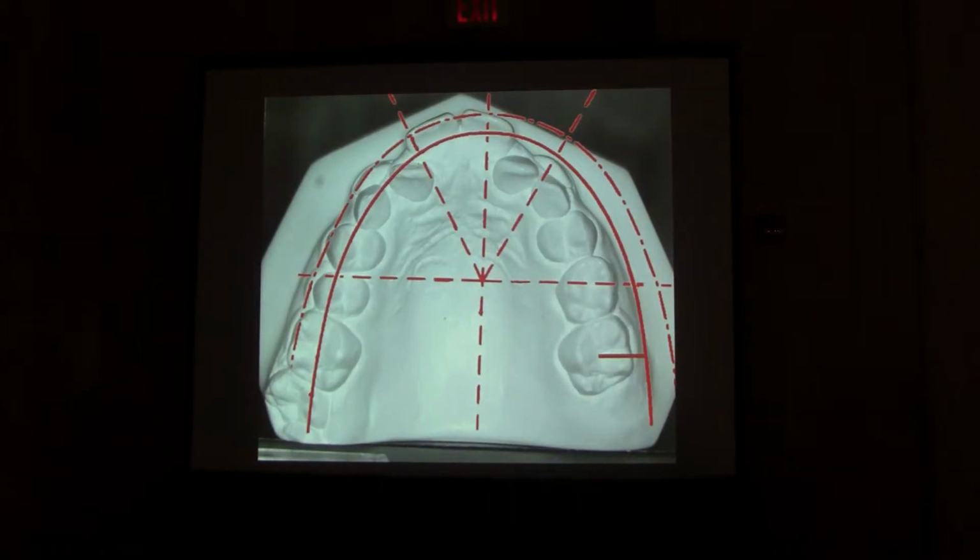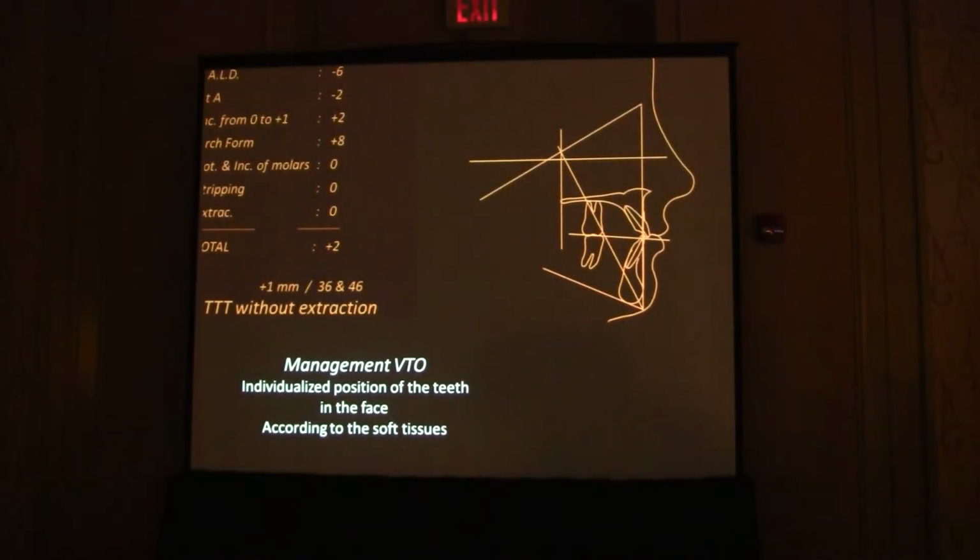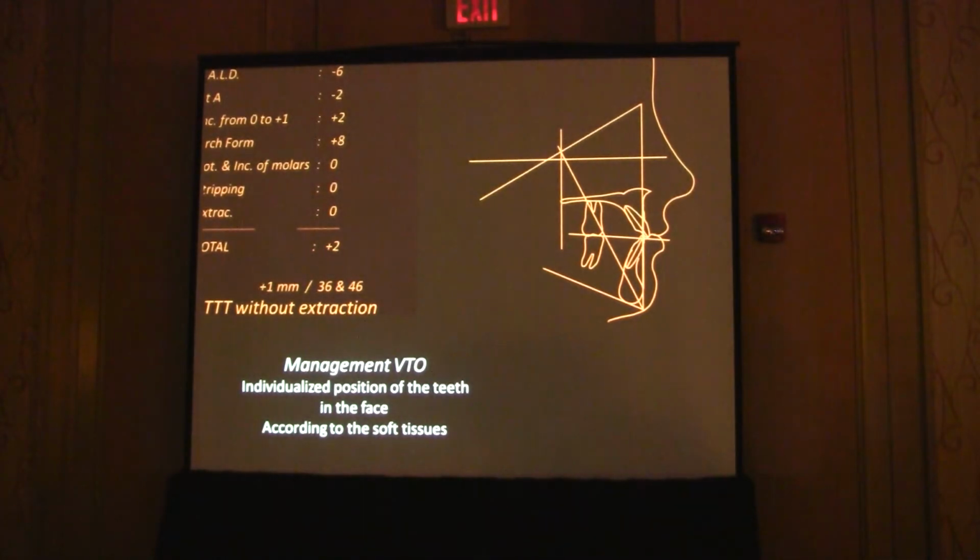Here we can see the total expansion to be done on the maxillary arch. According to the frontal X-ray, we know that this expansion will be only alveolar. In the same way, we can see the dental movements to be done on the maxilla. The VTO is then performed with an expected length gain of 8 millimeters only by the expansion of the arch.